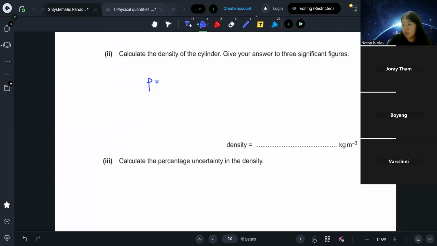Tell me your answer. I'm using a drawing pad. My handwriting is so ugly. Well, pi d square times L. So you just put the value in. Tell me your answer. Those who already complete, you can try number 3, percentage uncertainty.